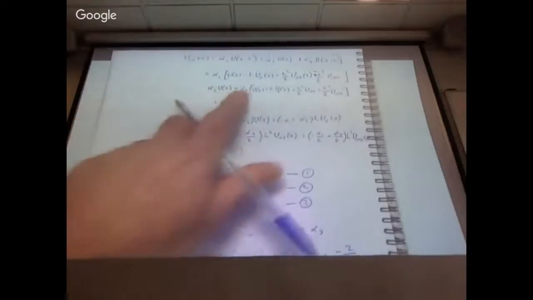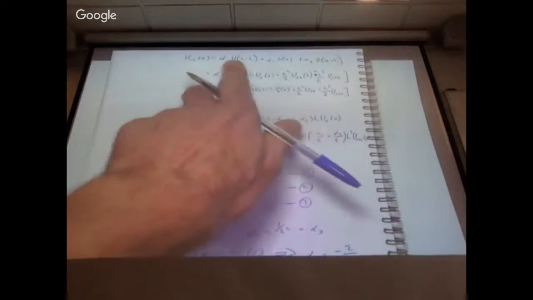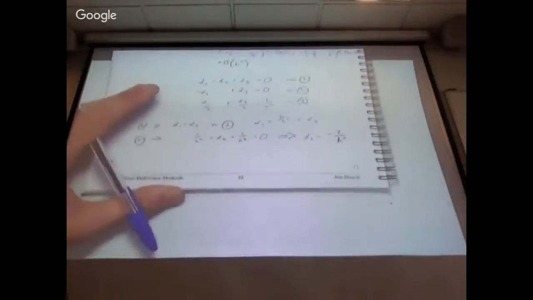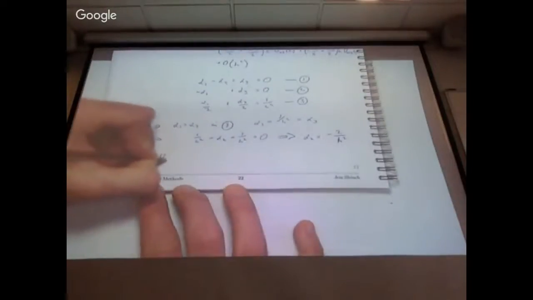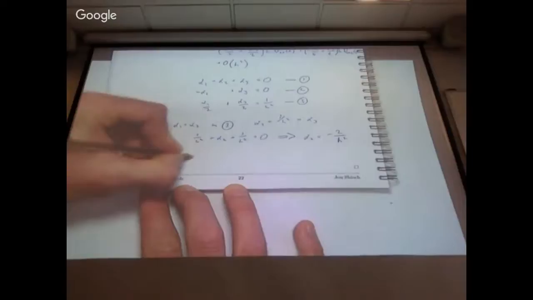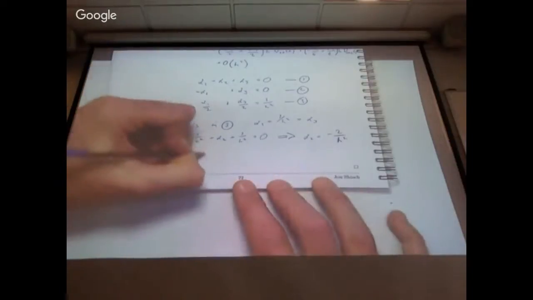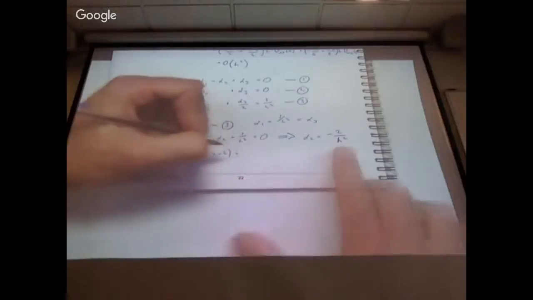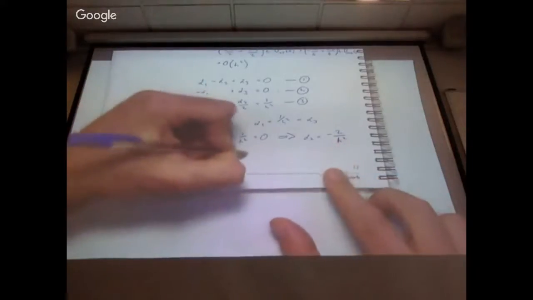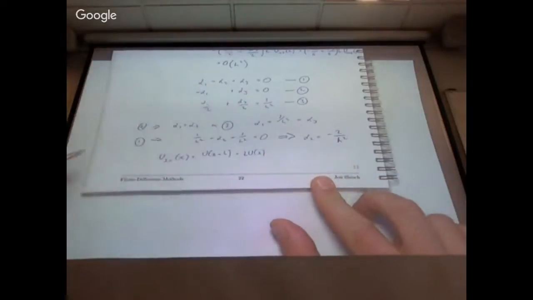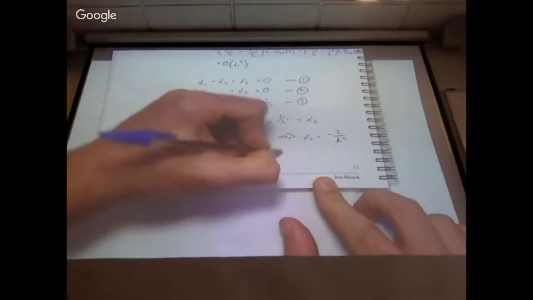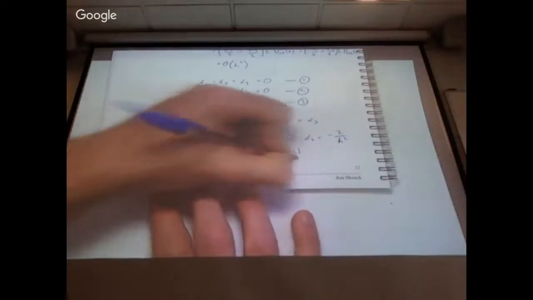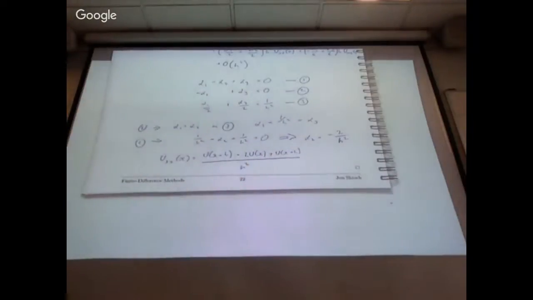Just to remind you, that was what I was trying to find, the alpha 1, alpha 2, alpha 3. If I plug in my values into that one, I have uxx equals the backward step minus 2 lots of the central node plus a forward step, all divided by h squared.